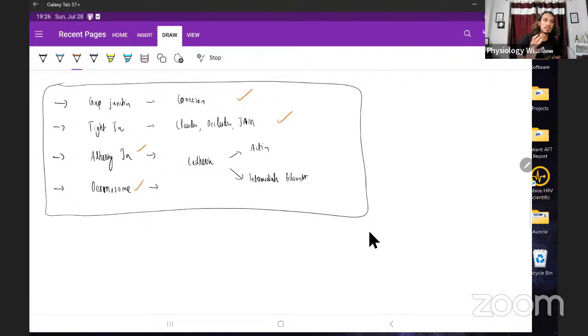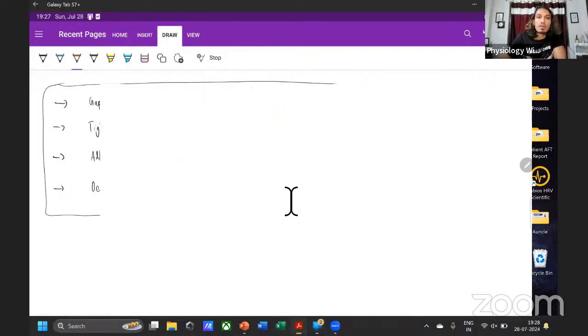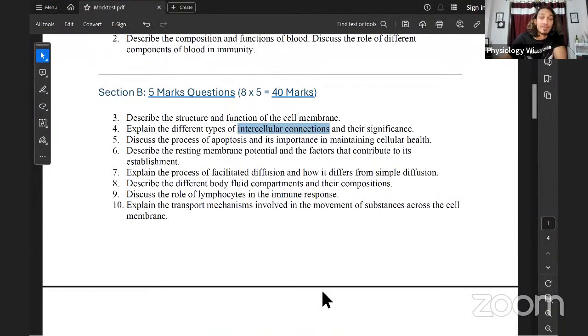So when a shearing stress is given, epithelial cells next to each other should not just get ripped off. So the response to a shearing stress is through desmosomes. Okay, so like that, I want you to describe what the structure is, what unit it is made of, draw a diagram for each of these, and talk about the function. That will be more than enough to fetch you 5 marks for this.